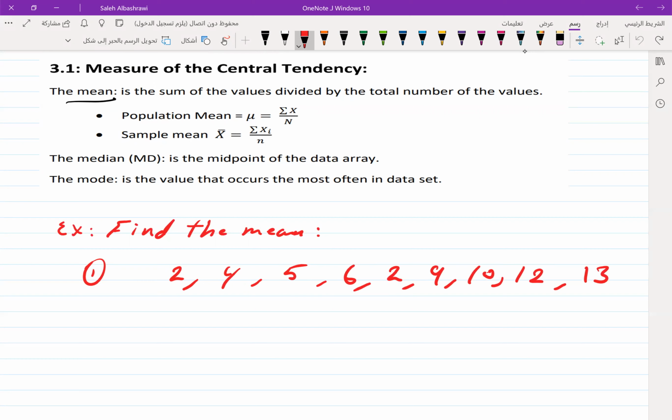And I need to find the mean or the average. The other name for the mean is the average of the values. The mean, assuming that this is a sample, not population.